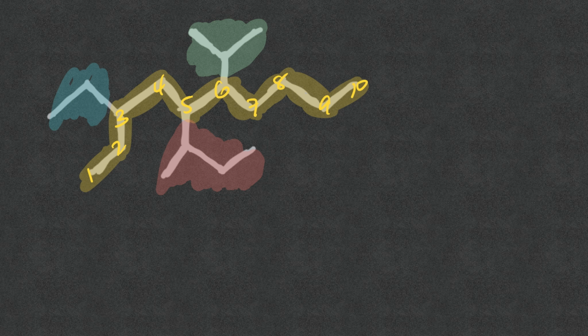The one at carbon 3 has 2 carbons, so it's a simple ethyl group. So we have 3-ethyl here. Now let's look at the one at carbon 5. We have 4 carbons here: 1, 2, 3, 4.